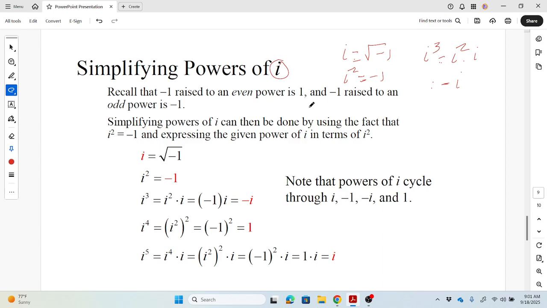So when you raise the power of i, you have to be careful that it could be either -1 or -i, or if you keep going up, let's say i to the power 4, it will be -1 times -1, which is +1. So these are the different options you are going to get. The powers of i cycle through i, -1, -i, and +1.